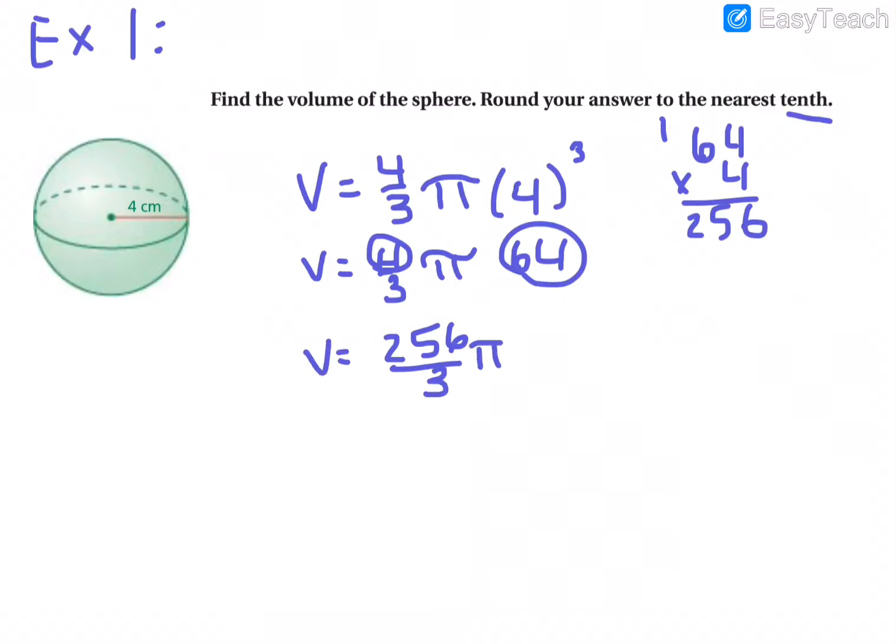And then again, we're trying to find the best strategy. There's multiple ways you can do this, but we're just trying to find the way that is easiest. I thought about doing 22/7, but then when I tried putting 7 into 256, it didn't go evenly, so I didn't think that that was the best method either. So I'm just simply going to do 3 into 256.